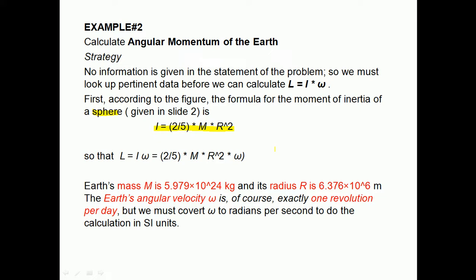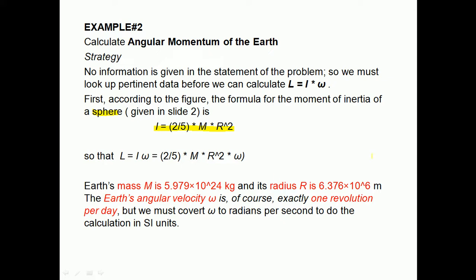Now we will go further. If we put this value inside our equation, the angular momentum is equal to the moment of inertia multiplied by the angular velocity. So now we have all the values.